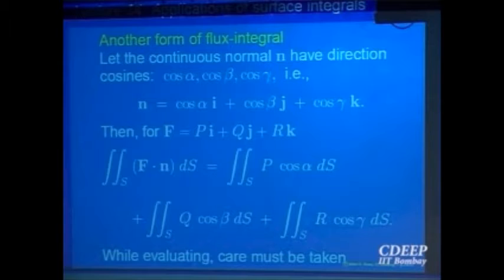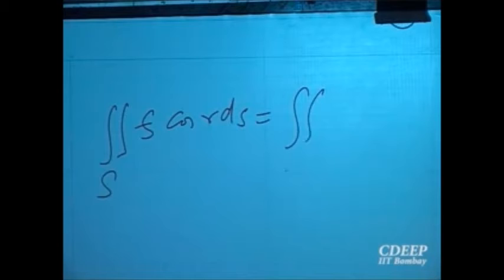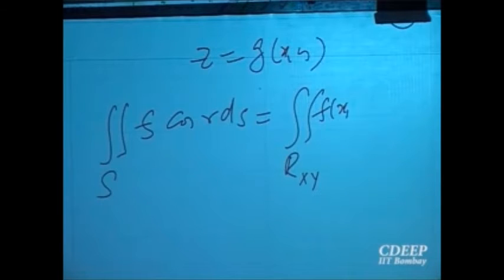Yes? Okay, let me write what I mean. See, when we computed the integral over S of f cos gamma ds, we wrote this is equal to the integral over R xy, the projection of S onto the xy plane, of f of x, y, g of x y, dx dy, where the surface is given by z is equal to g of x y, and the projection is explicitly known.